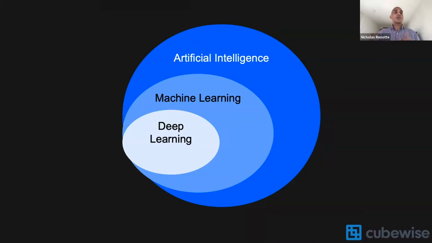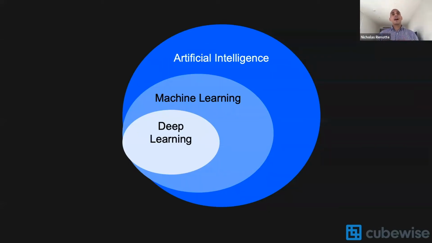Within machine learning, there's a heap of algorithms out there. There's random forest algorithms, there's gradient boosting algorithms. Deep learning allows you to perform those same tasks, so sales forecasting, churn prediction. The only difference is that it's using deep neural networks. So whenever you see those diagrams drawn where you've got a lot of little neurons, that's normally what people are referring to when they're talking about deep learning.